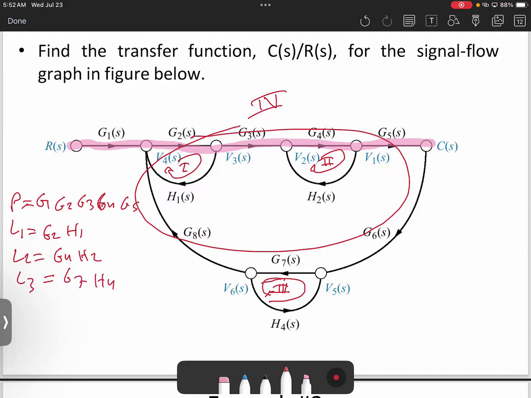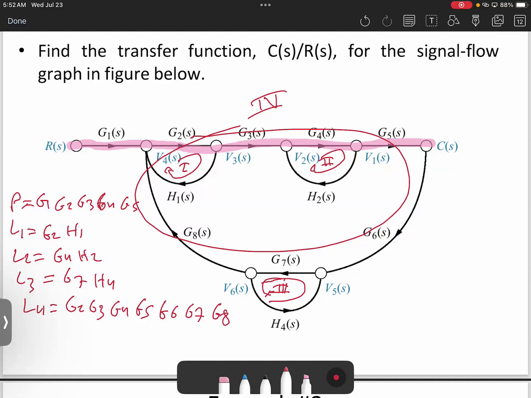And loop 4, G2, G3, G4, G5, G6, G7, G8. No, there's no H. Let's think. Okay, 4 loops, 1 path.